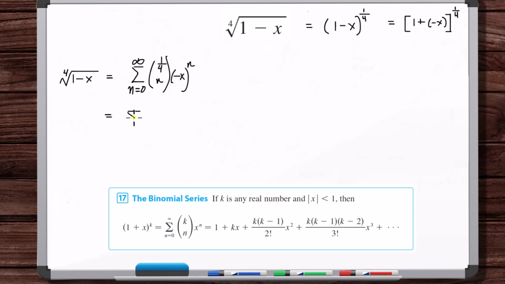So we could take out a minus 1 to the n. Okay, so there it is. There's the power series representation of the 4th root of 1 minus x right here, and we'll write out a few terms in a second.